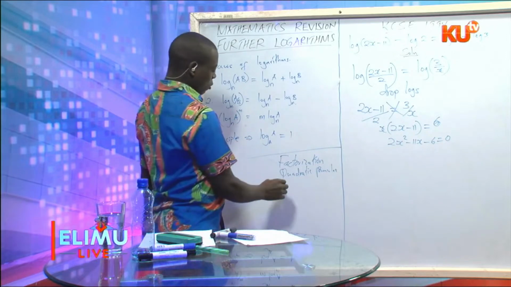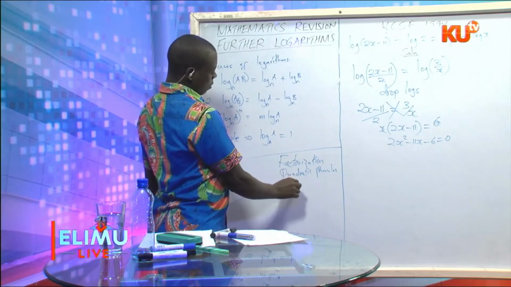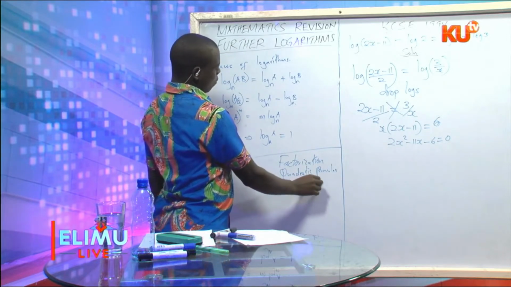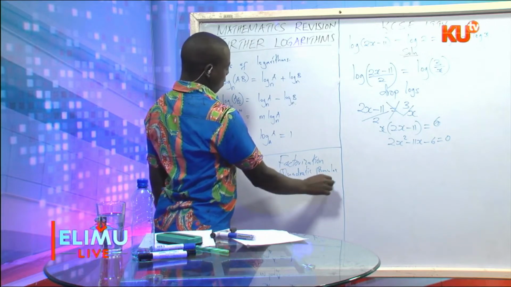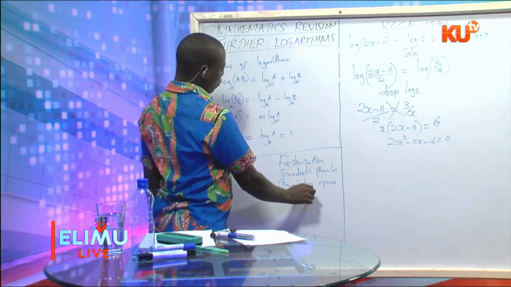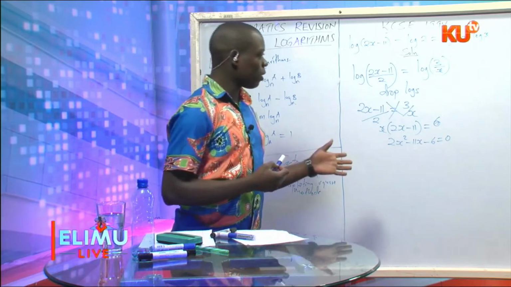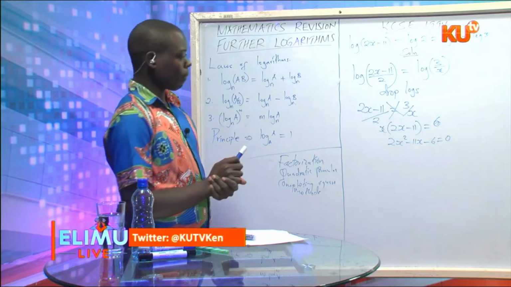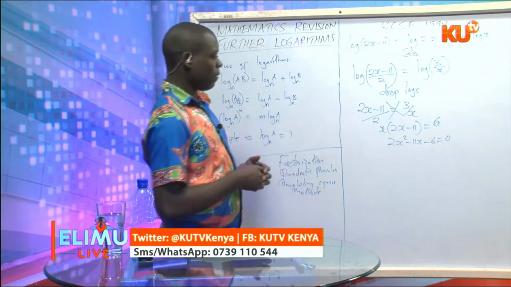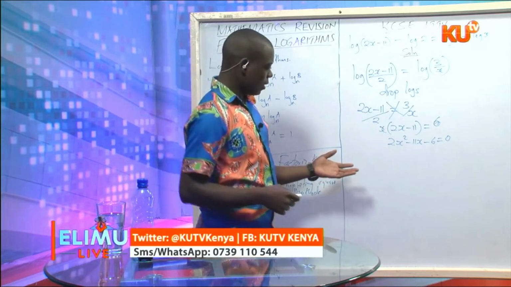Or you may use what we call the completing the square method. These are the methods, apart from the use of graphs, that we employ when we are solving quadratic equations. So let's work it out using factorization, which is easier for this case.